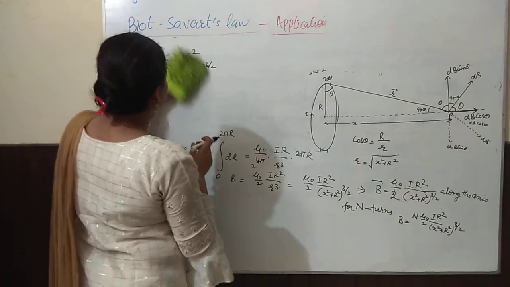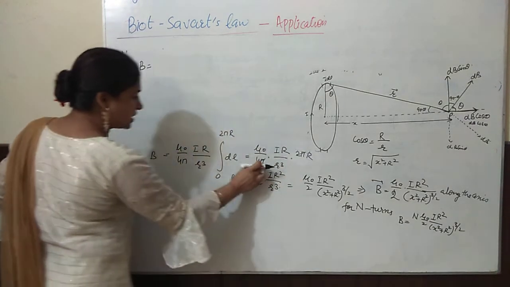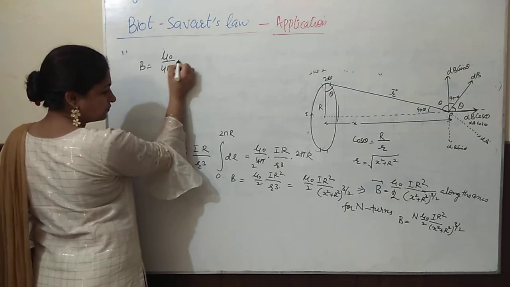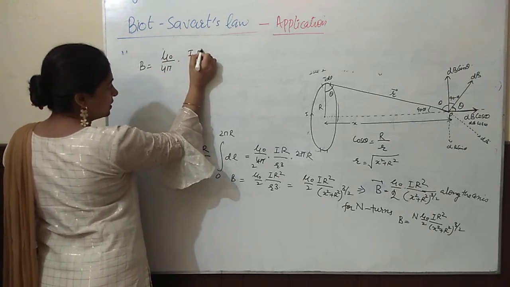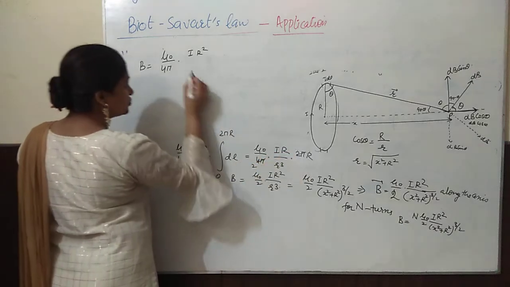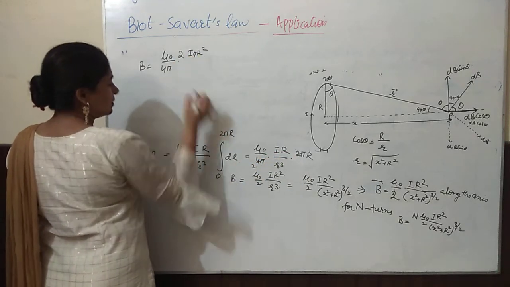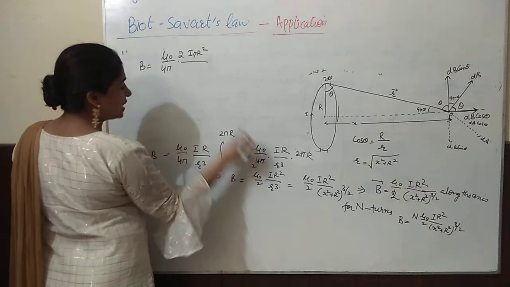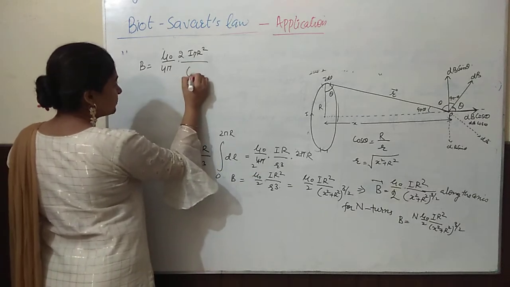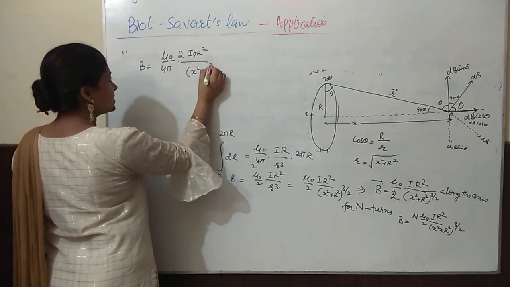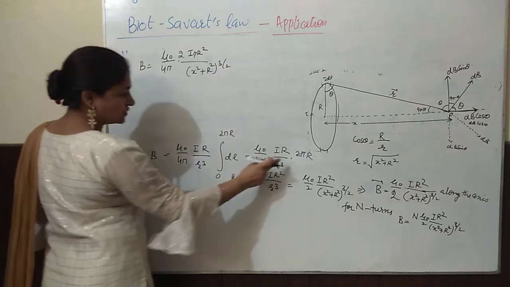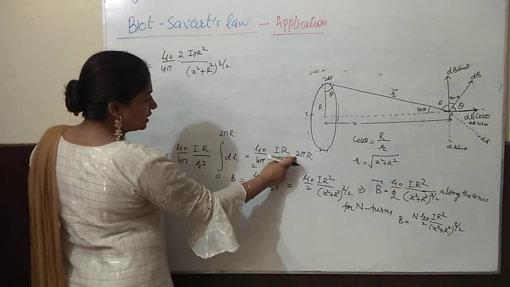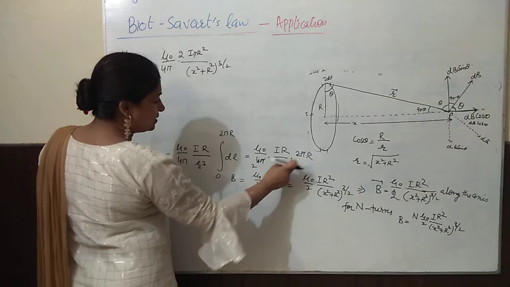So we can write it as mu naught over 4 pi, times 2 pi I r square over (x square plus r square) raised to power 3 by 2. The same expression, mu naught over 4 pi times 2 I pi r square over r cube.